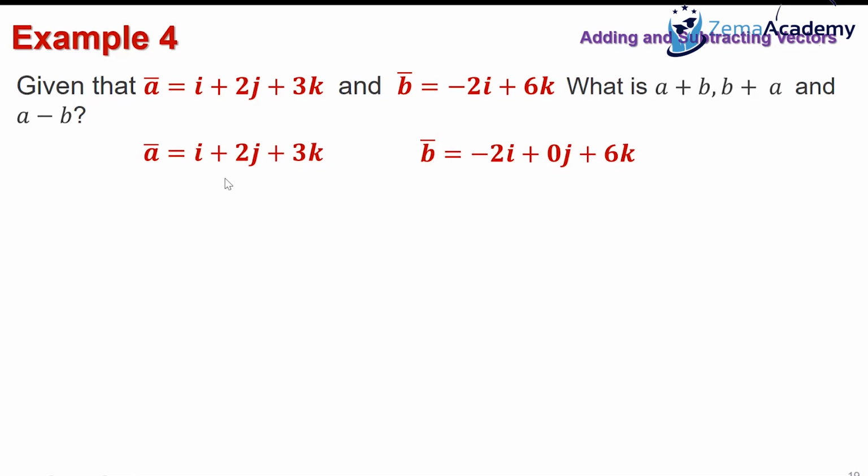So let's take the two vectors. As you can see over here, I have written the vector A just as it is, i plus 2j plus 3k. However, if you look at vector B, it consisted of two directional components, B1 and B3. Over here, I have placed the component that was representing the directional component in the y direction, and I have placed the value 0 with it.